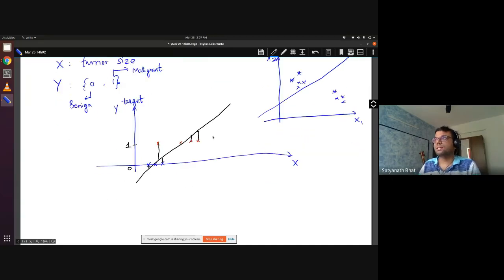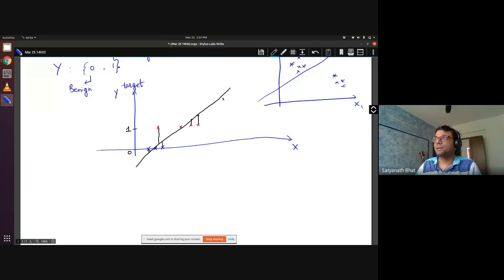What happens is if there is an extremely large tumor, this can put our learning algorithm into some kind of trouble. So how does that happen?